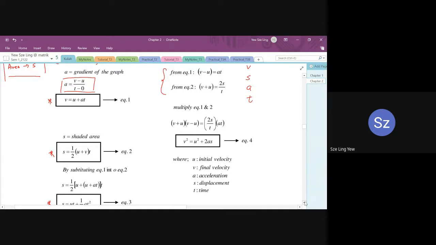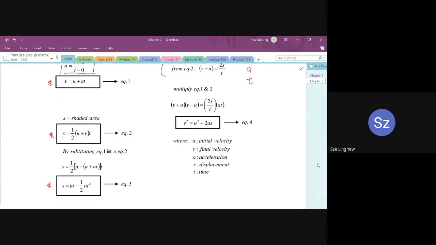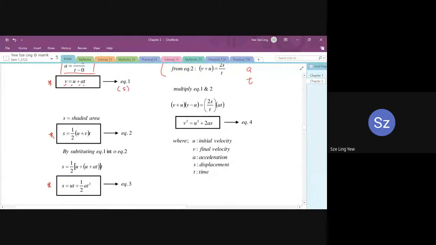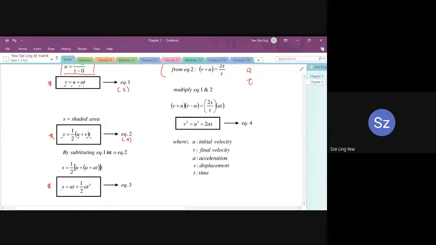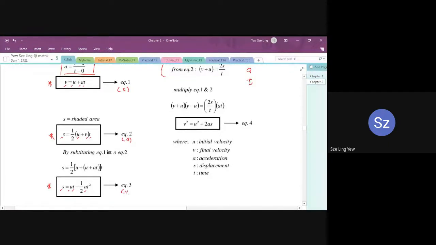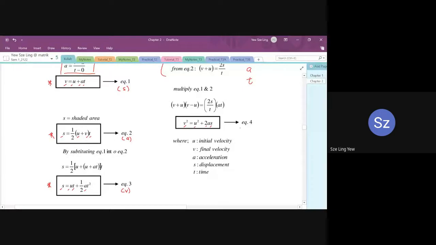Now if you look at these 4 equations carefully, the first equation has v, u, a, t, so it doesn't have s. The second equation has s, u, v, t. A is missing. The third equation has s, u, t, and a. V is missing. And the last one has v, u, a, s. So t is missing.